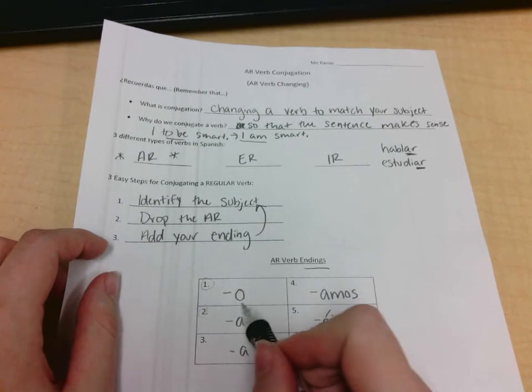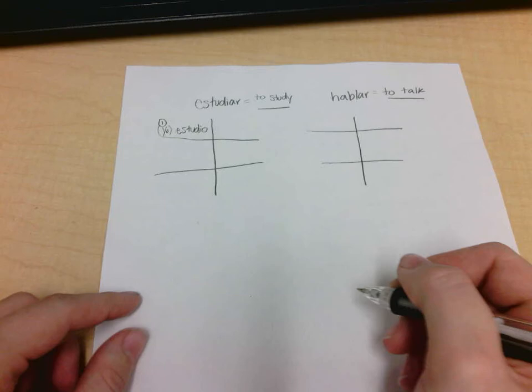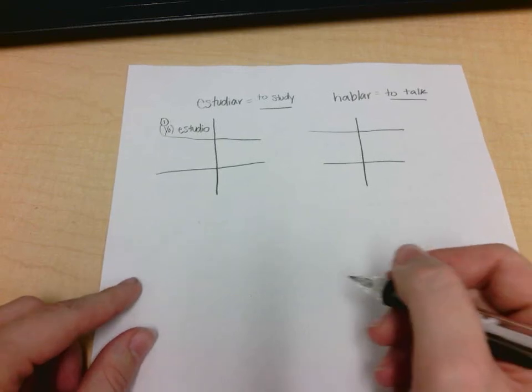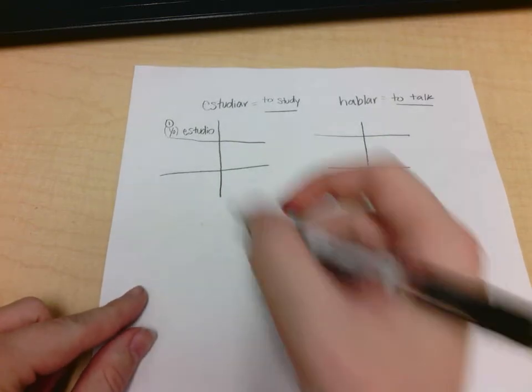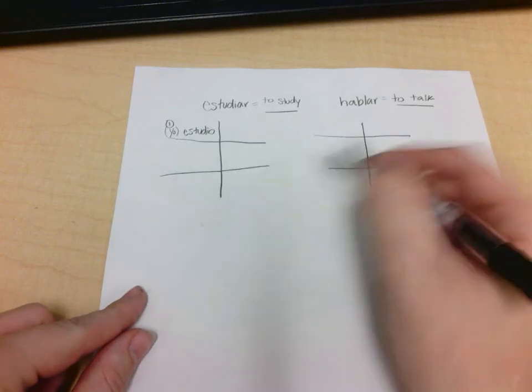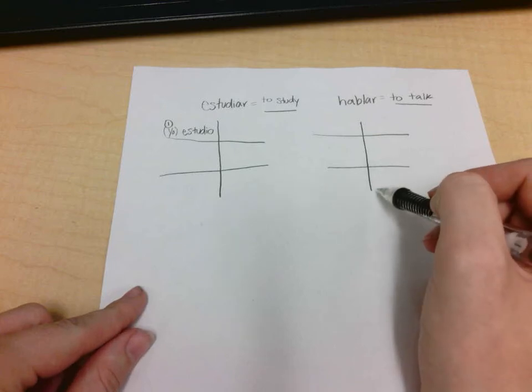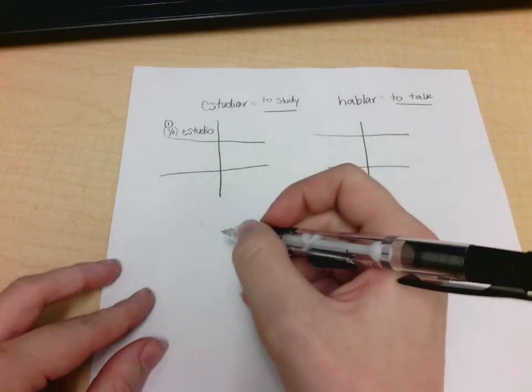So in the yo box, we are going to add our O ending. So I'm going to add an O right there, yo estudio. Now pause the video at this time, go through and do each box for estudiar and each box for hablar. Unpause the video when you are ready and check your answers.